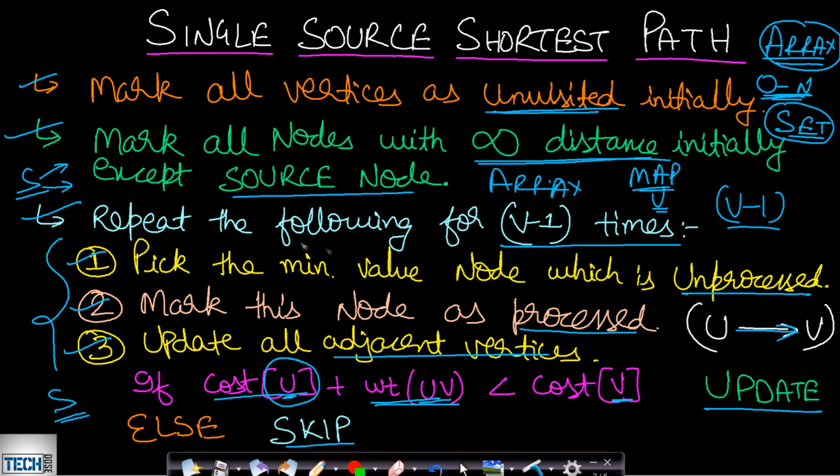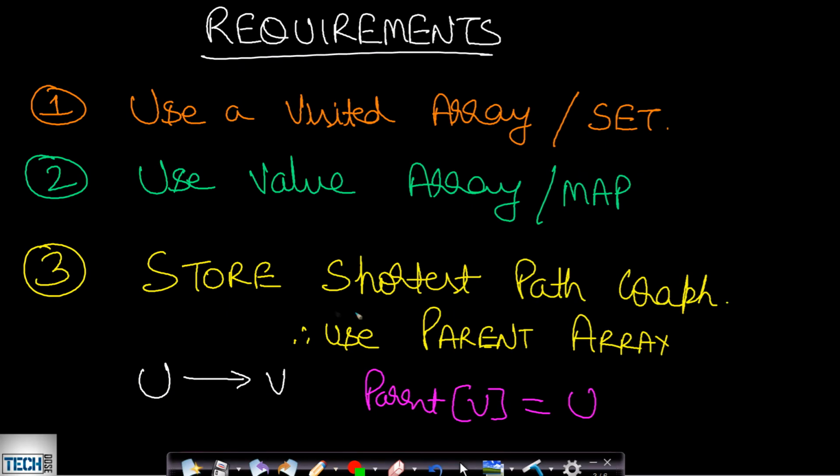We also need another data structure in order to form the shortest path graph. Once we are given a graph, we have to reduce the edges and find the shortest path graph. How will we remember this? We will store the edges in the form of a parent-child relationship. Let us assume there is an edge from u to v, then we can say that the parent of v equals u.